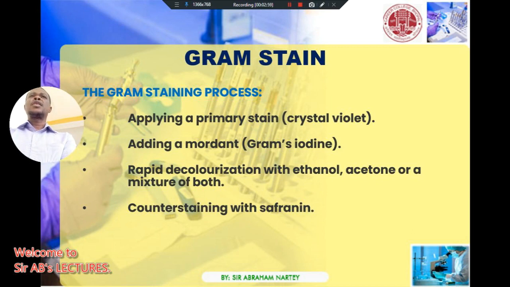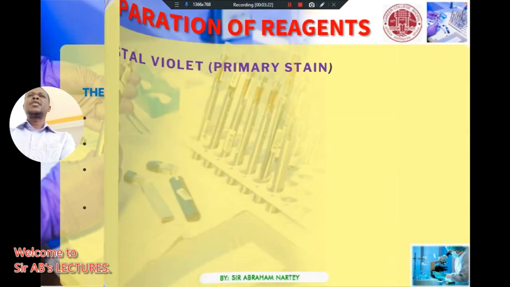After we decolorize the first primary stain, we also do a counterstain, and for the counterstain we use safranin or carbol fuchsin. These are the dyes that, as a laboratory technician, you must be confident in preparing. So now we want to start with how to prepare the primary.